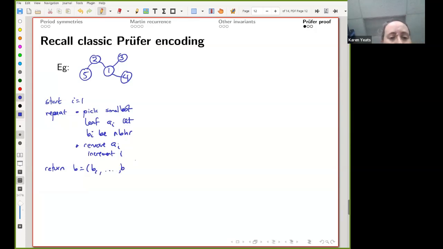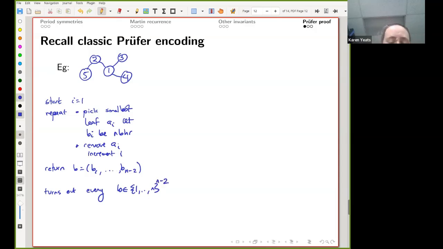And if my tree had n vertices, you can quickly see that you're going to get n minus 2 things in here, because at the very last step, you don't need to encode the very last step. There's no new information at that point, because there's just 2 vertices and they have to connect. And then what, if you taught this in your class, you will remember is that you get every sequence of entries from 1 through n, of length n minus 2.